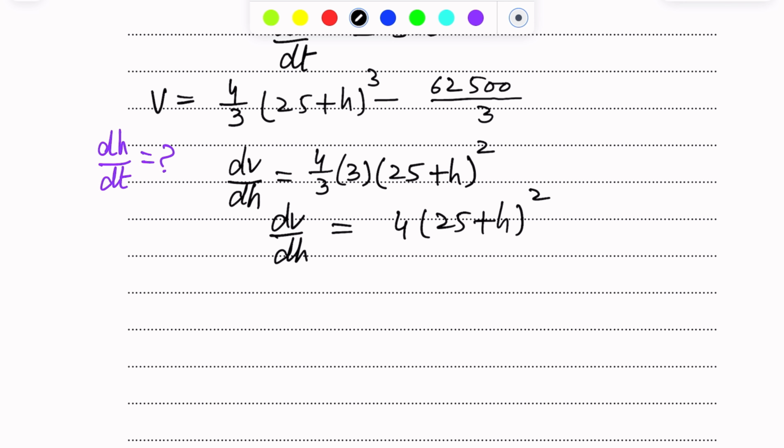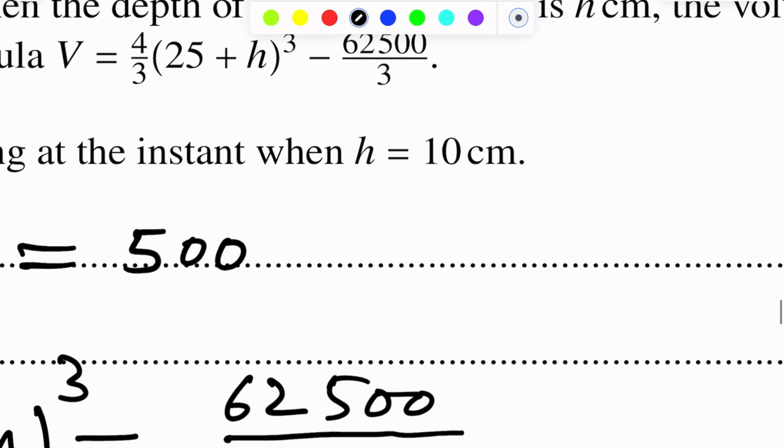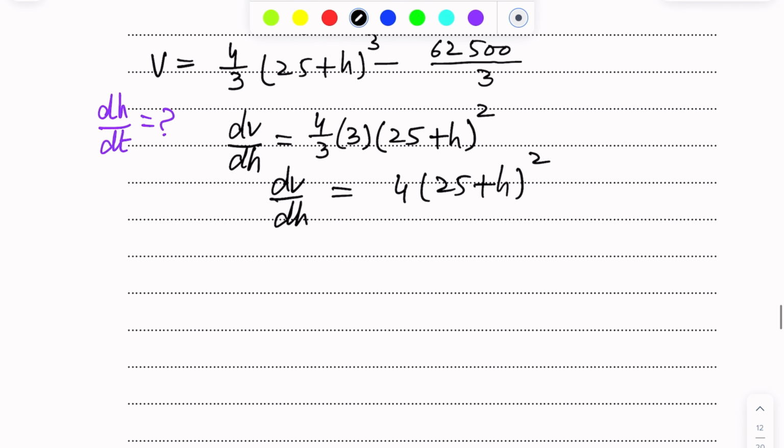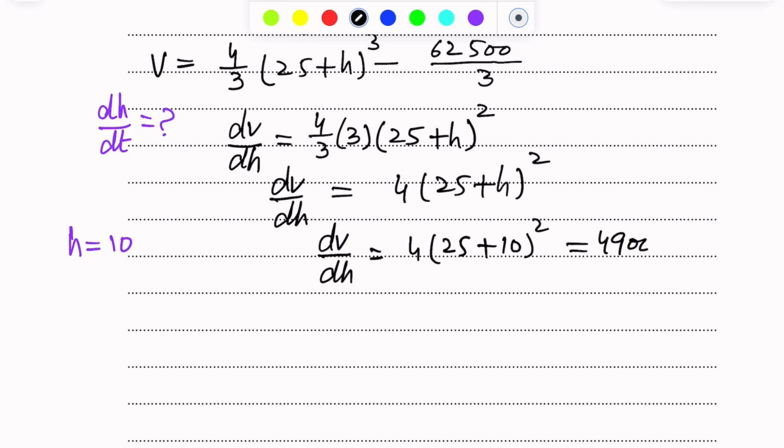Now the value of h is given, h is equal to 10 cm. Putting the value of h, dV over dh will be 4 into (25 plus 10) whole square. This will be equal to 4900. After calculating this, dV over dh is equal to 4900.